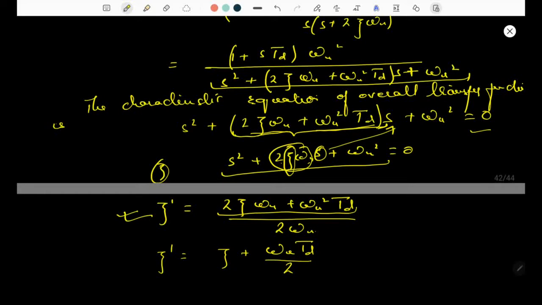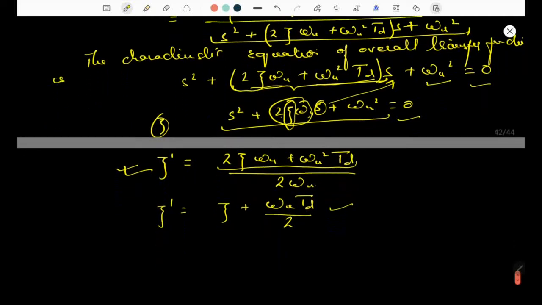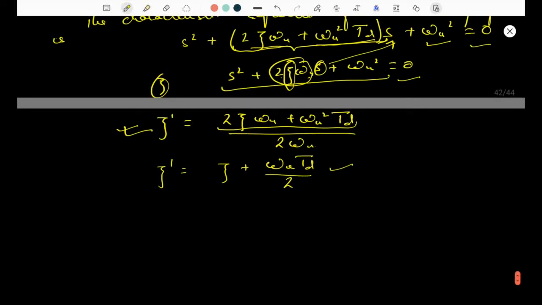So we have compared the characteristic equation without derivative control and with derivative control, and then we have put the damping ratio in this condition. So the damping ratio of the characteristic equation when we consider the derivative action should be this.